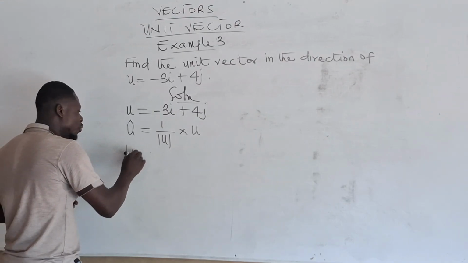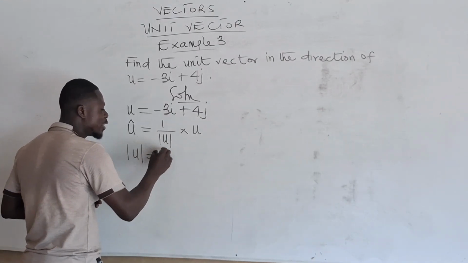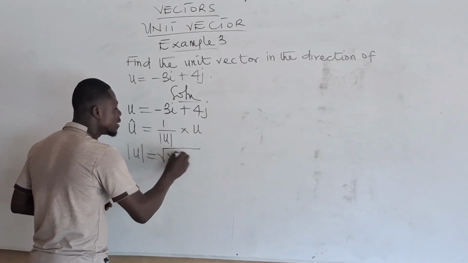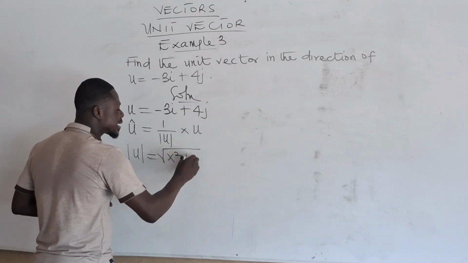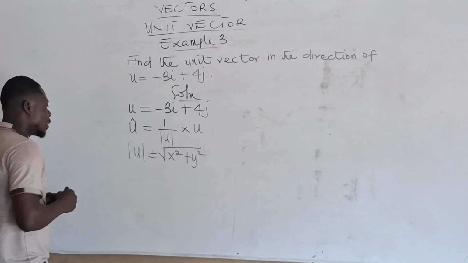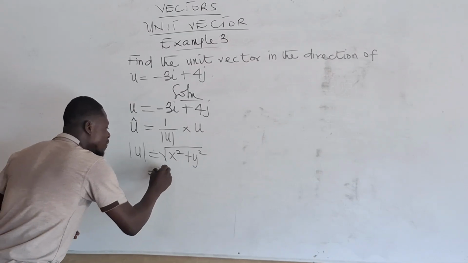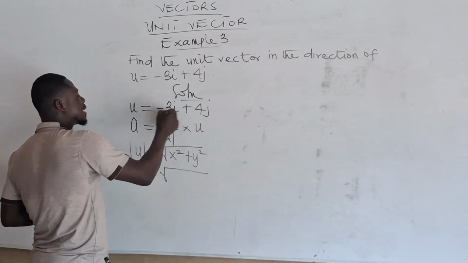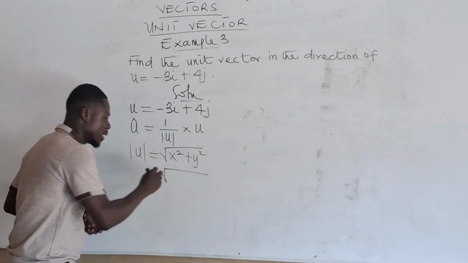So the magnitude of u will be found by using the formula square root of x squared plus y squared. Now the x component is negative 3.